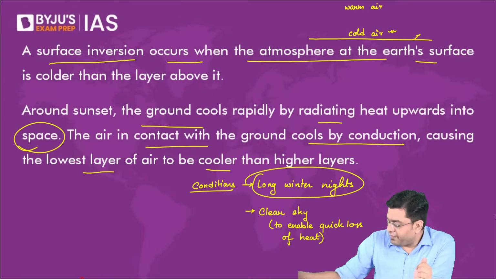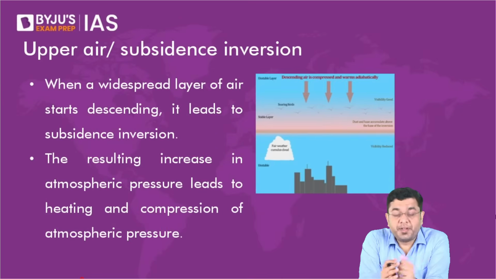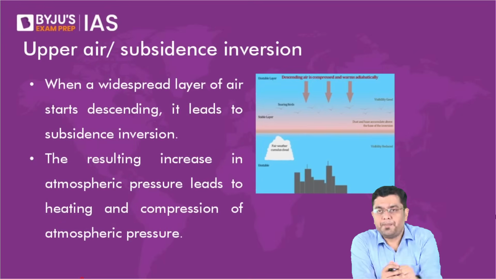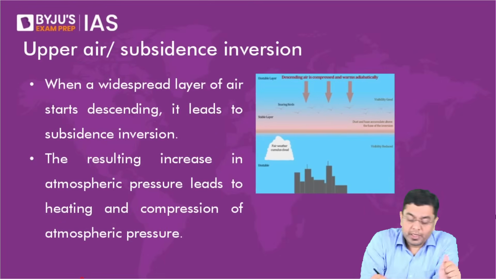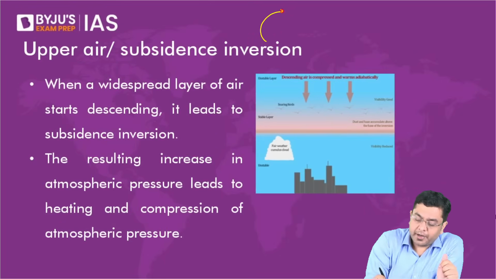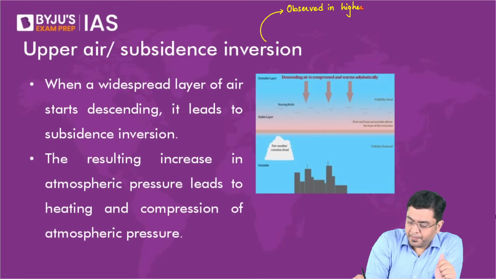Now, when we talk about the subsidence inversion, subsidence means something is sinking. Now, this is observed in the higher latitudes during the winter months. So, observed in the higher latitudes during winter.